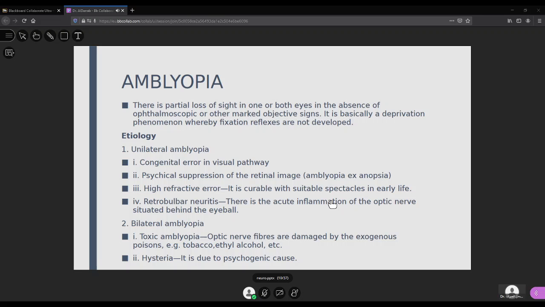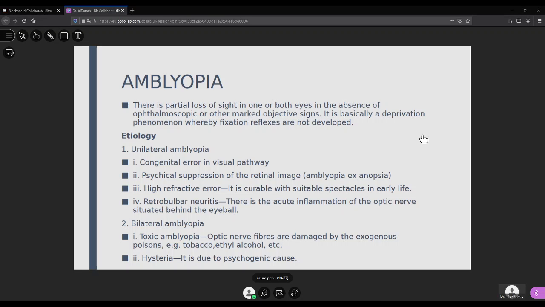So now amblyopia: there is a partial loss of sight in one or both eyes in the absence of ophthalmoscopic or other marked objective signs. It's basically a deprivation phenomenon whereby fixation reflexes are not developed. Etiology can be unilateral amblyopia, like a congenital error in the visual pathway, suppression of the retinal image, or high refractive error.